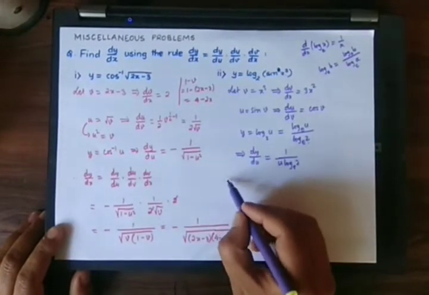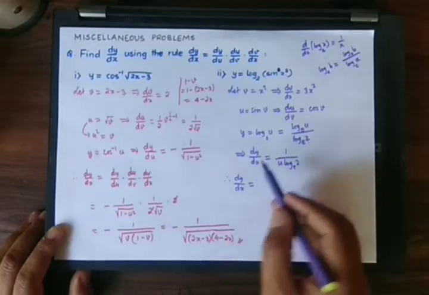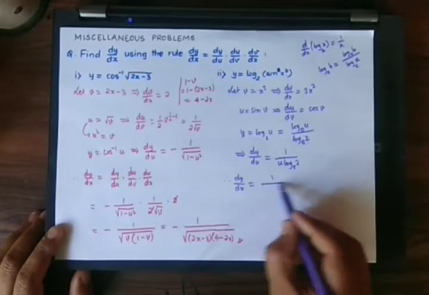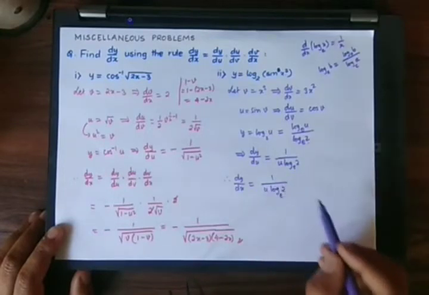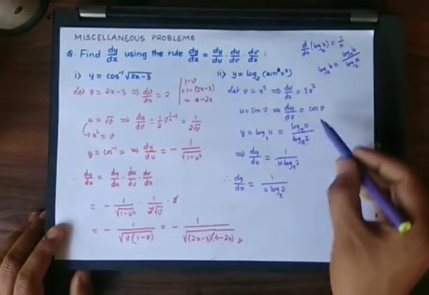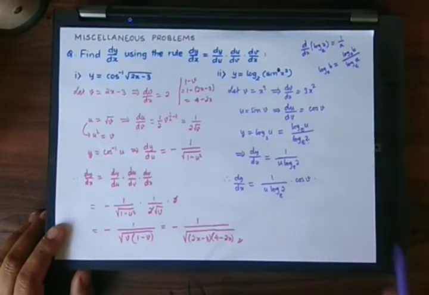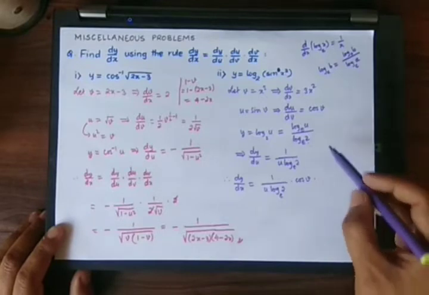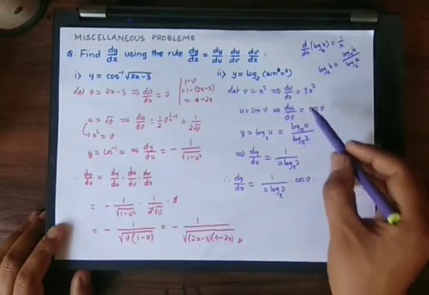Okay, now let us combine all these things here. So therefore dy by dx. Now I'm not going to write the formula. So first is dy by du, and dy by du is 1 by u log 2 with base e. Next is du by dv. So du by dv is cos v, yes, into, the last one is dv by dx.